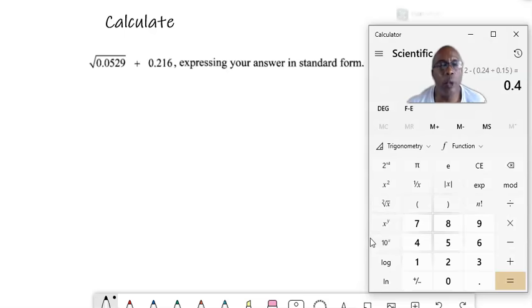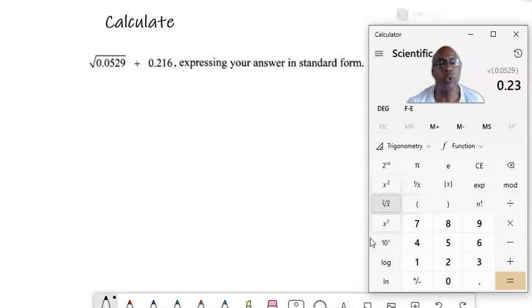So on my calculator, the square root of 0.0529, I have to put the 0.0529 first, and then I press the square root button. Make sure you know where that button is on your calculator. This is the square root button.